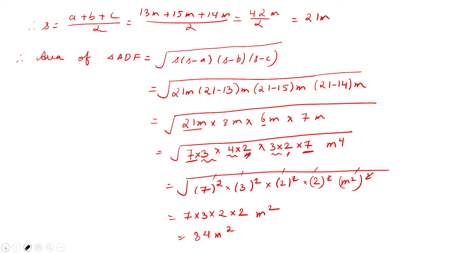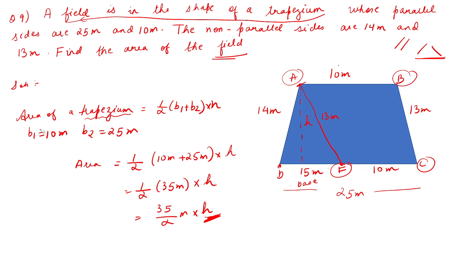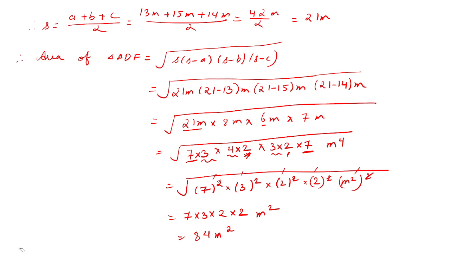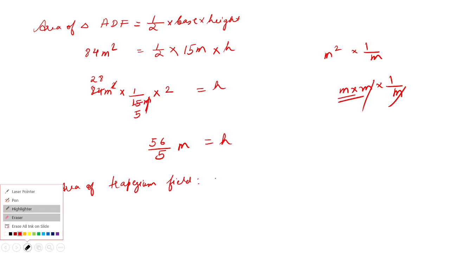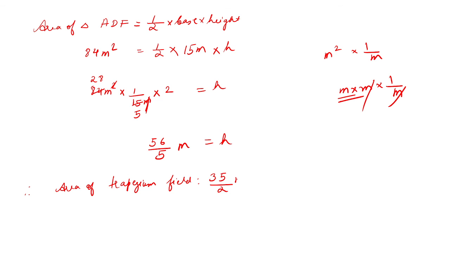You go back in case you're confused. What is the area of a trapezium? Area of a trapezium is 35 by 2 meter into h, right? So you write this. What is h? So this is going to be 35 by 2 meter into 56 by 5.